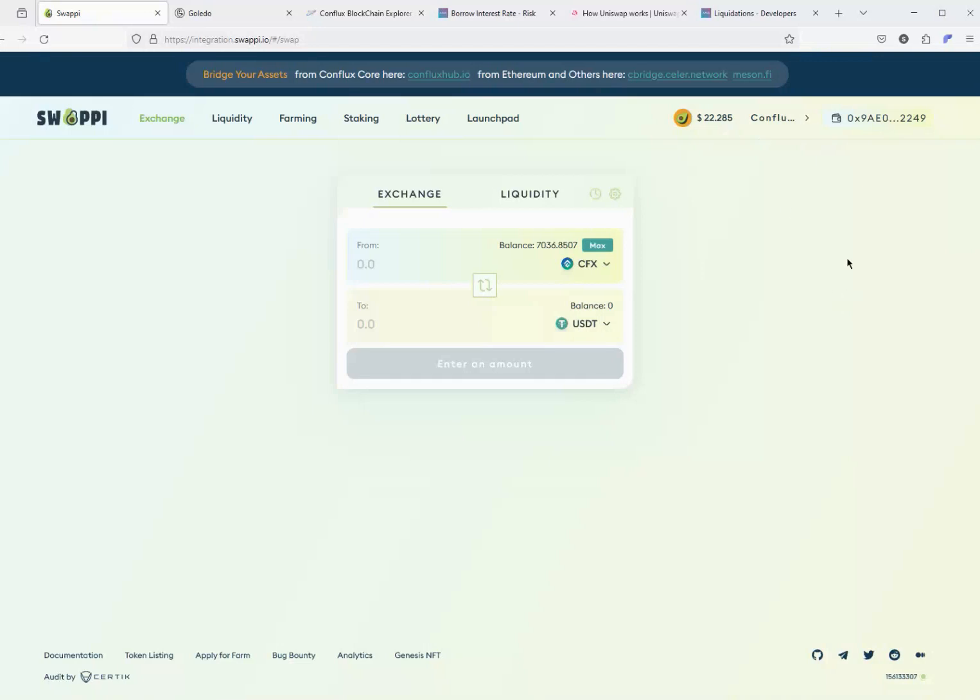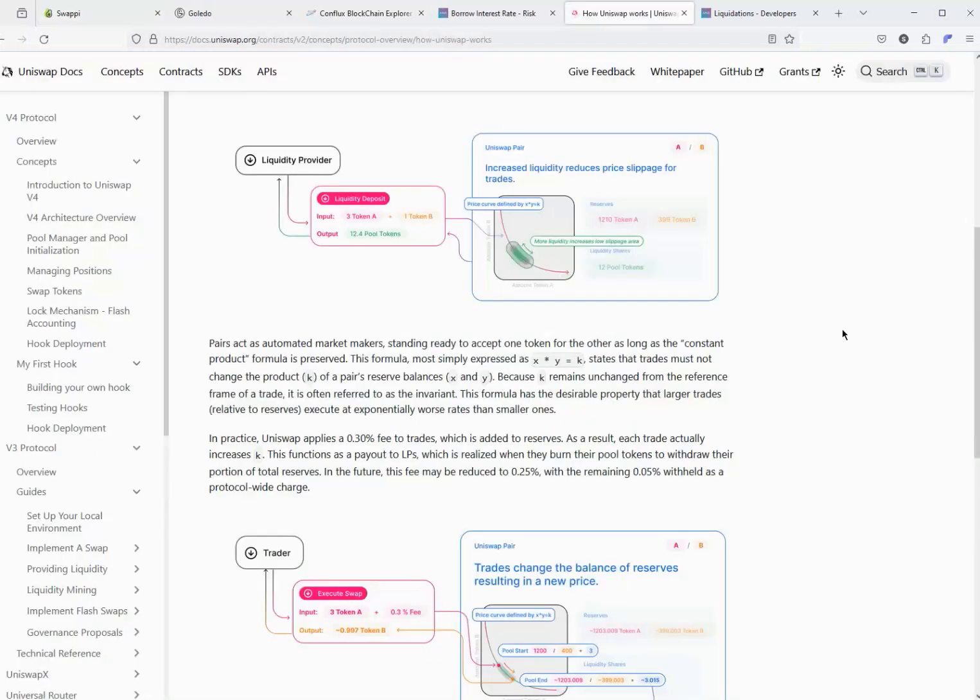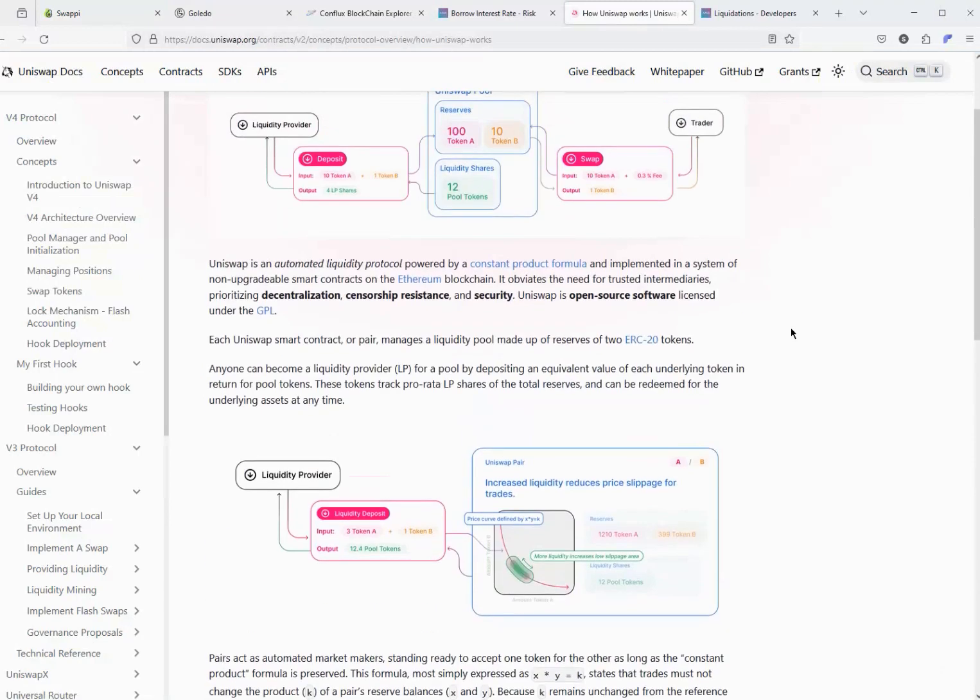Uniswap V2 uses the AMM model to do the DEX project. So I post a link in our doc. If you open it, there is the documentation from Uniswap to describe what is AMM.